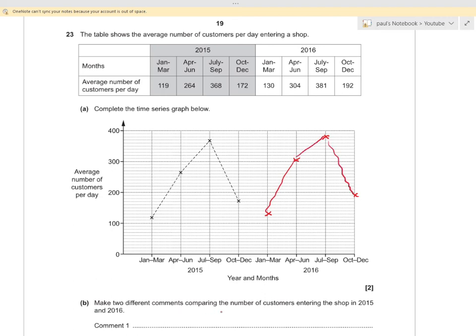Make two different comments comparing the number of customers entering the shop. So we'll have to plot that first. Anything that makes a bit of common sense here.